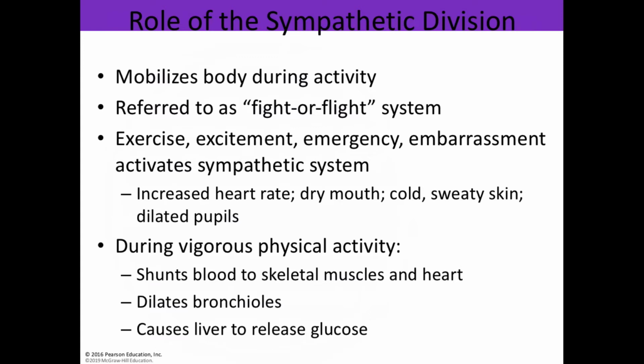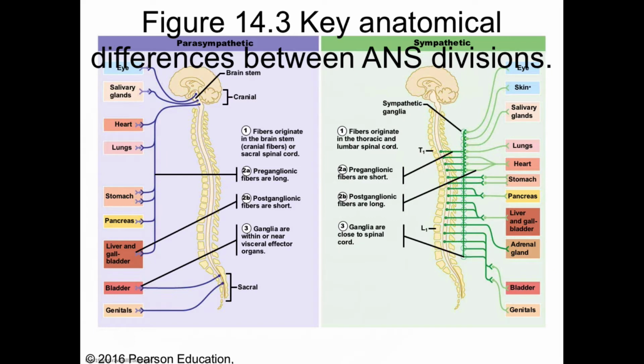So this just shows those key anatomical differences between the parasympathetic and, of course, sympathetic divisions, which are grouped within the autonomic nervous system.